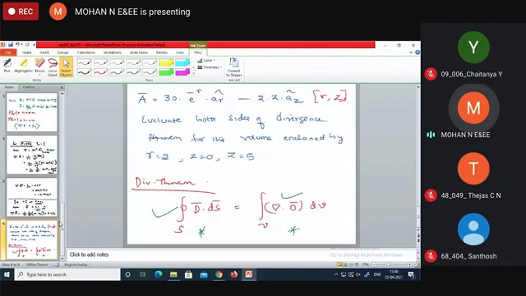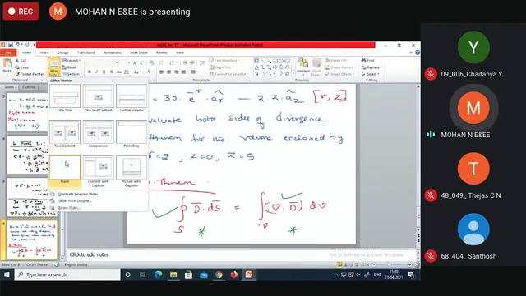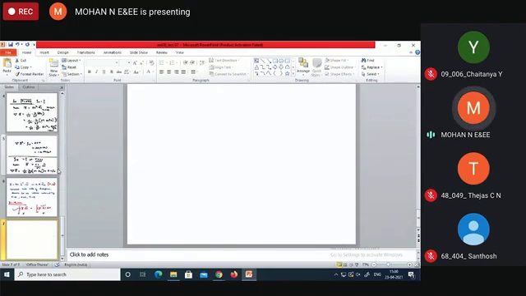So that is a cylinder of radius 2 units, and the base of the cylinder is on the z is equal to 0 plane, and the top of the cylinder is on the z is equal to 5 plane. Let me draw the cylinder like this.